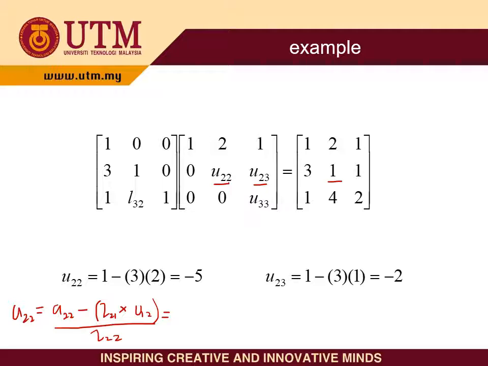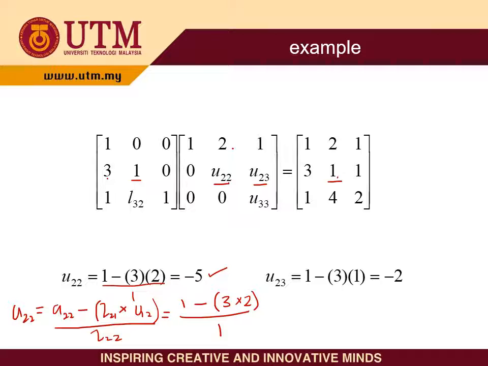A22 is 1, minus L21, which is 3, multiplied by U12, which is 2, divided by L22, which is 1. So it will be negative 5.